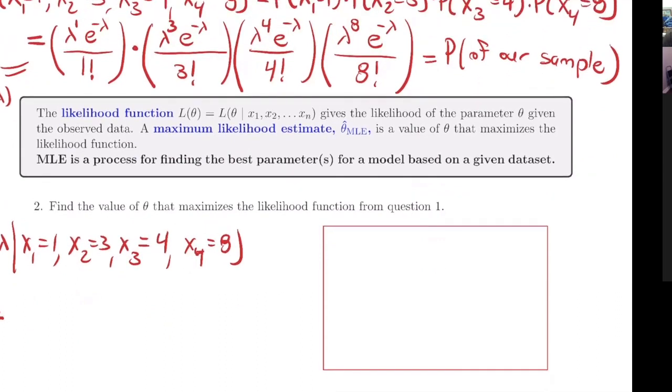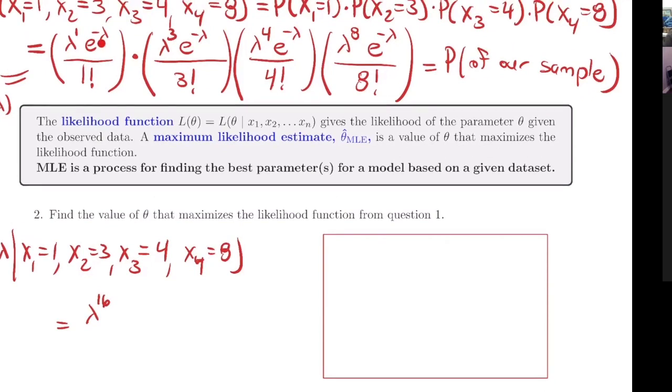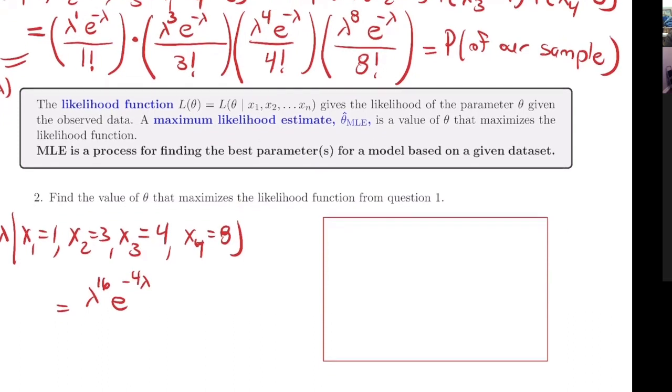If I take this formula that I had up here, which was the probability of getting our sample, I'm just going to do some algebra here and group these terms. So for the lambdas, I have lambda to the first, third, fourth, and eighth. If I add those up, I get lambda to the 16. And then I've got e to the minus lambda times e to the minus lambda. I have 4 of those, so that gives me e to the minus 4 lambda. And then I can divide all of that by this product.